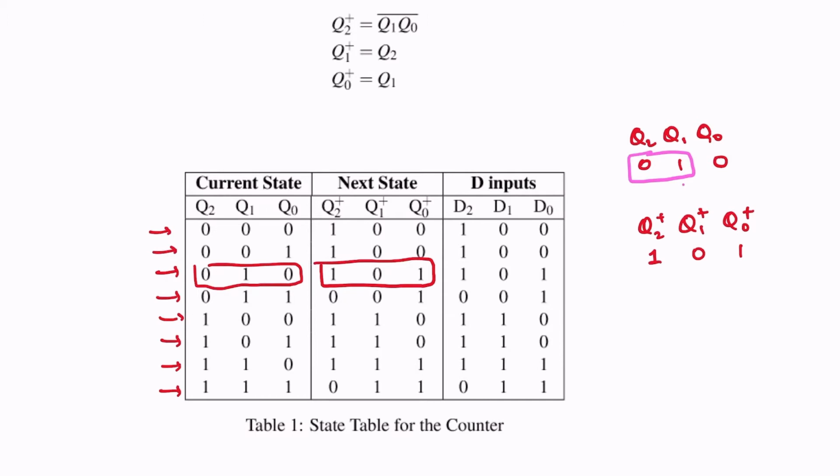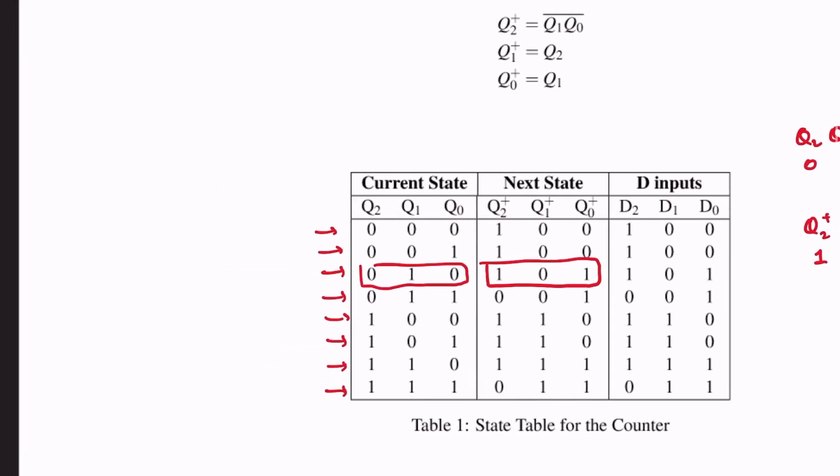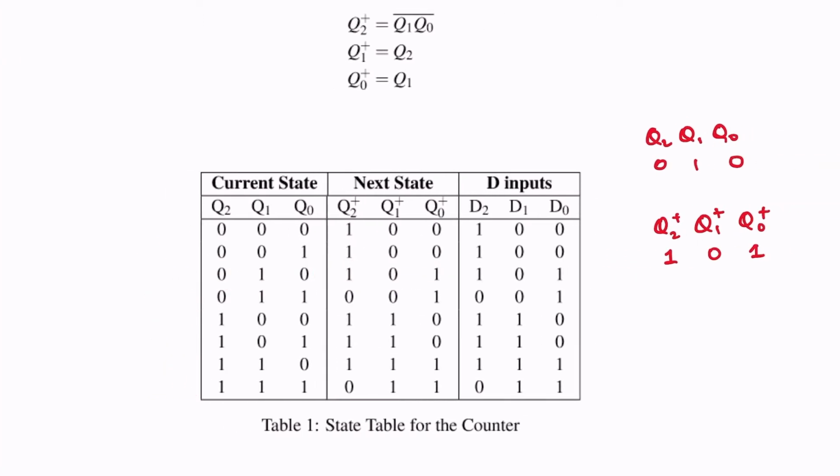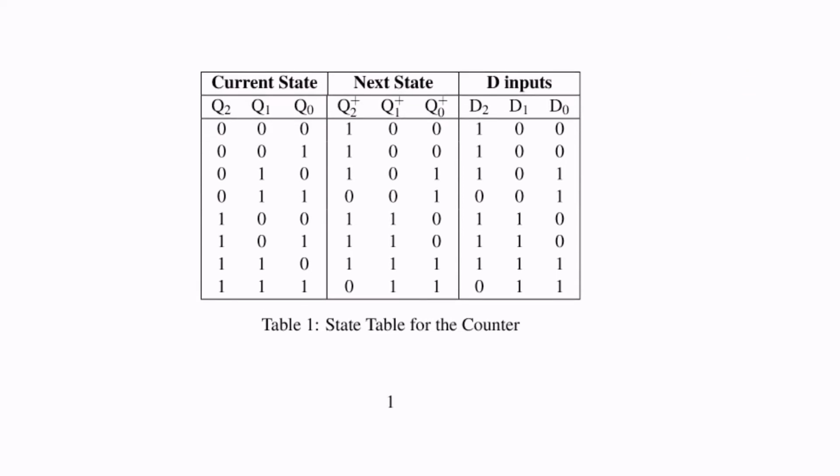It just shifts 1 to the right. So the next state is 101 as obtained over here, and like this we can obtain the next states for all of the 8 possible values that Q2, Q1, Q0 can go to.